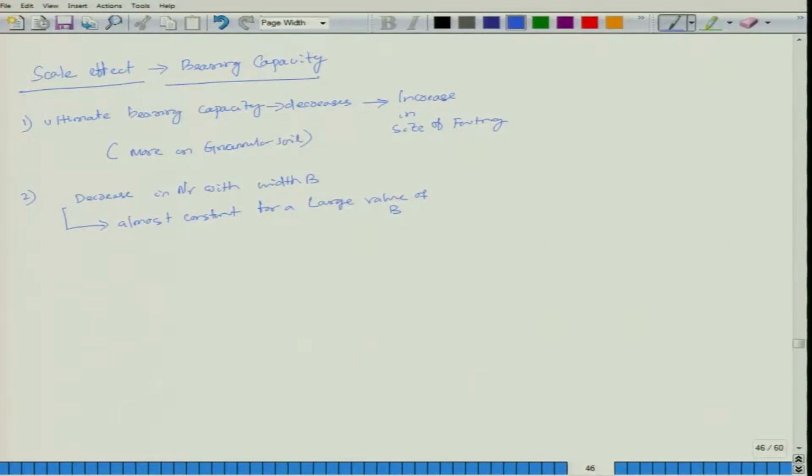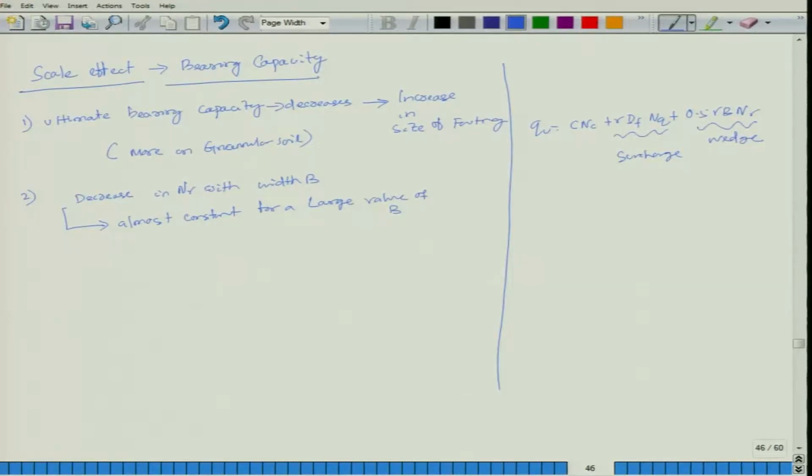Now, what is the cause, why is it happening? If you look at your ultimate bearing capacity, Qu is equal to cNc plus gamma Df Nq plus 0.5 gamma B N gamma. This is your surcharge, and this is your wedge at the base of your footing. What does it mean?